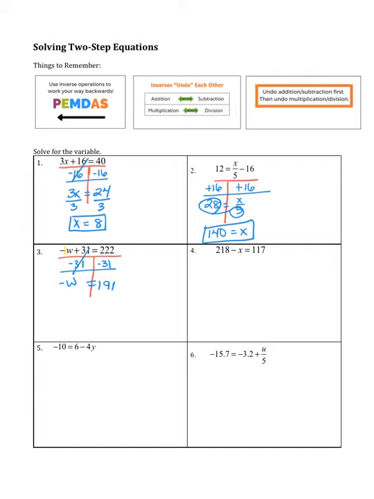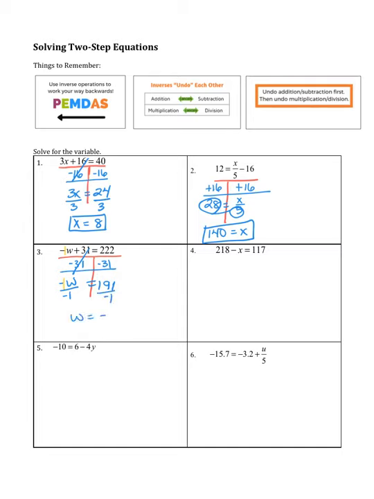But the rule is the variable must be positive. Not the answer has to be positive, just the variable has to be positive. Okay, remember, there's an invisible 1, so w is being multiplied by -1. So to undo it, we're going to divide by -1.